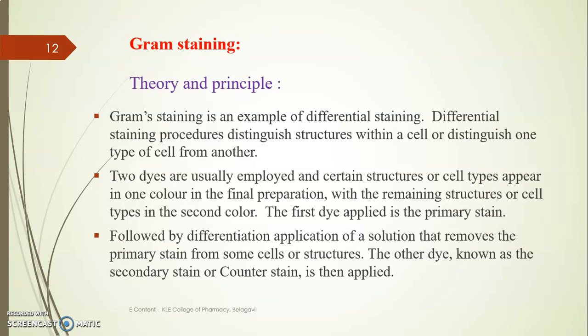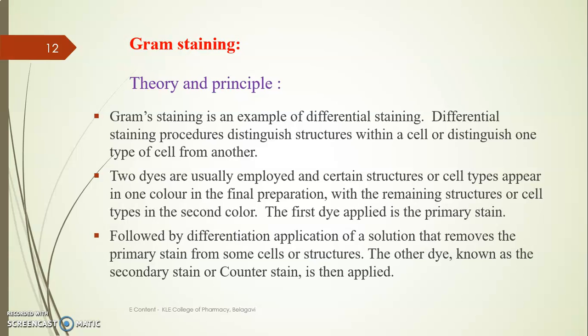This is called differential staining. In simple staining, you are only observing the cellular shapes. Here it differentiates between Gram positive and Gram negative. It is used to differentiate between two bacterial types based on the chemistry of their cell wall.